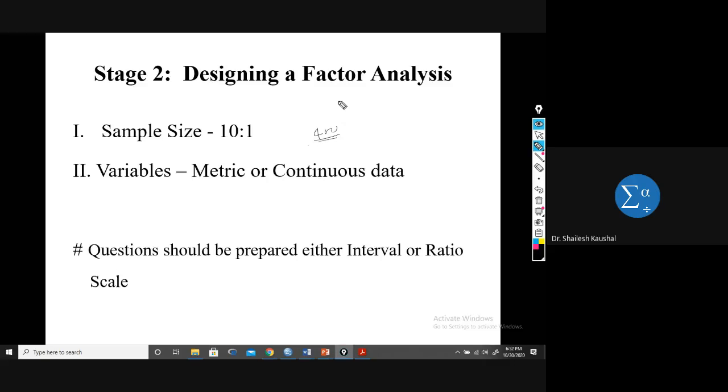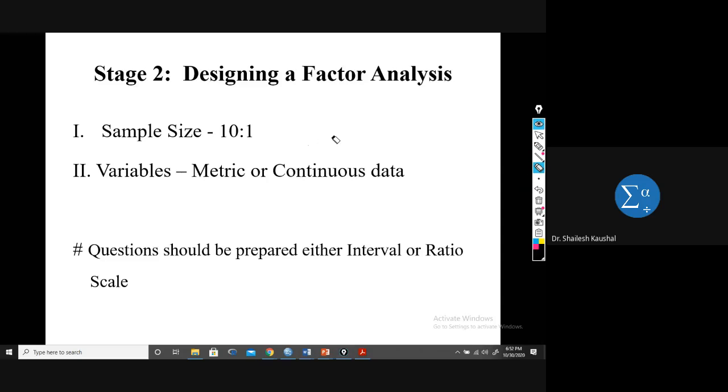What I am telling you about exploratory factor analysis is from the book by Hair and Anderson. Further, you can go through this book, Multivariate Data Analysis by Hair and Anderson. We have provided it.